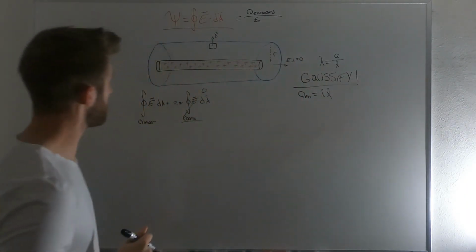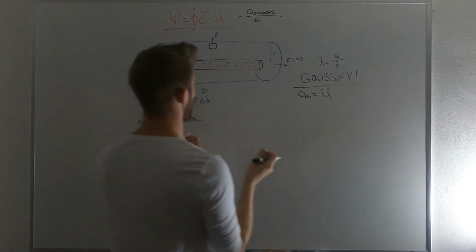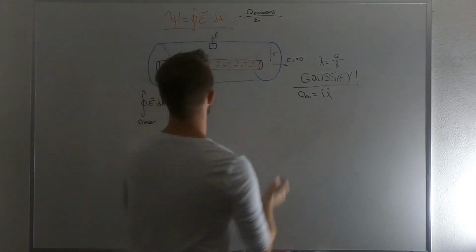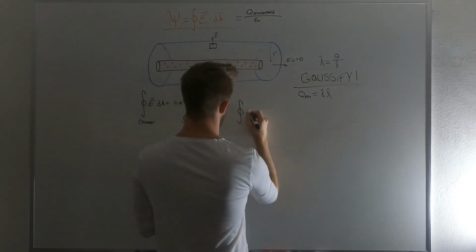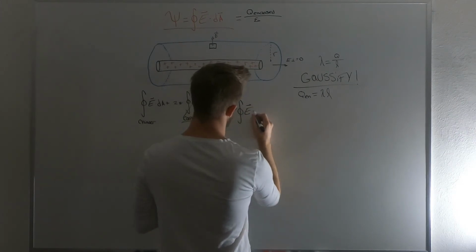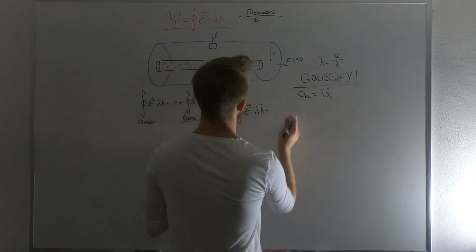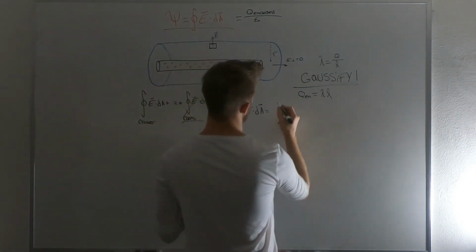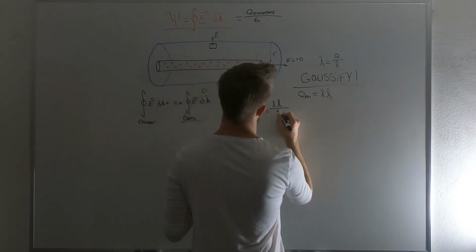Okay, so let's take this equation now and bring it on over, because we're going to be plugging this in for this. So we're going to have E dot dA equal to our enclosed charge divided by the permittivity of free space. So that is just going to be lambda times the length divided by epsilon naught.